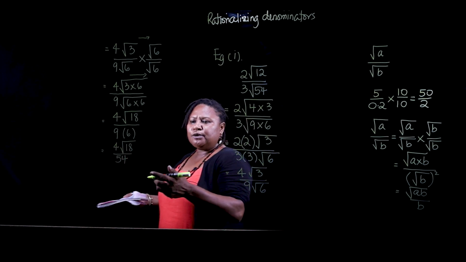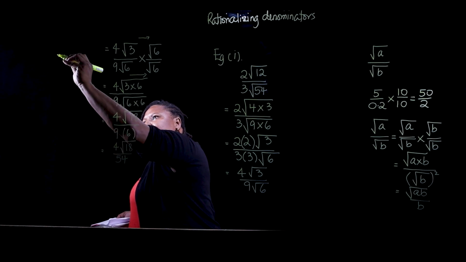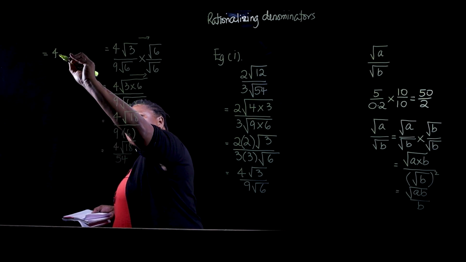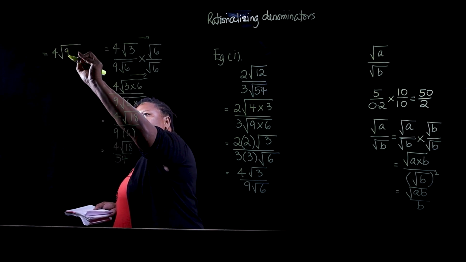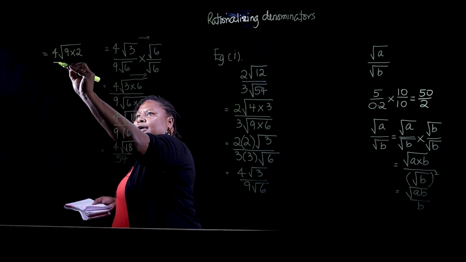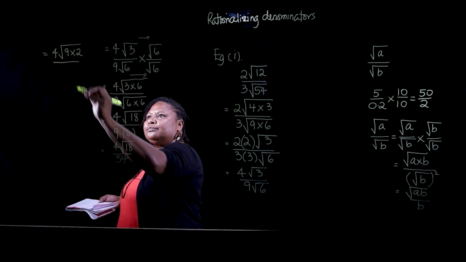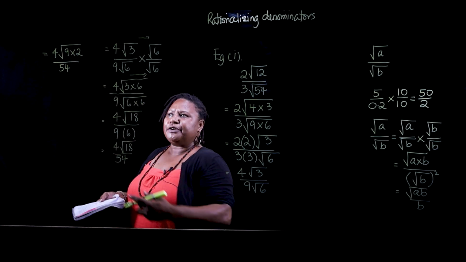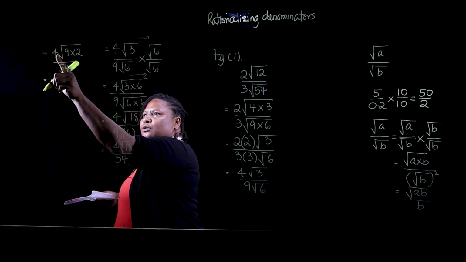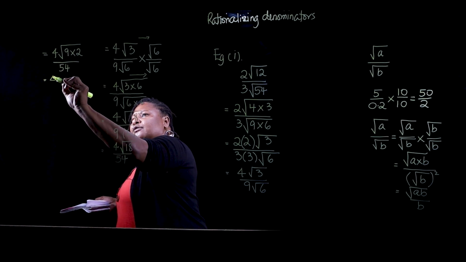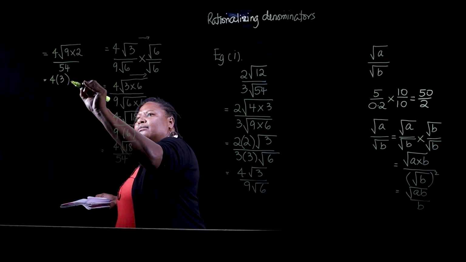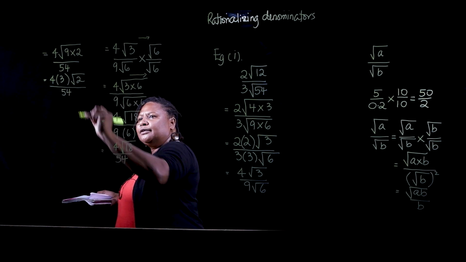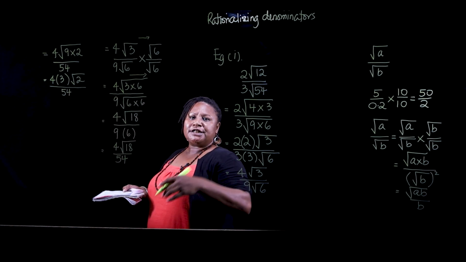So we are going to do that. Factors of 18 are 9 and 2. So we have 4 times root of 9 times 2 divided by 54. Square root of 9 is 3, so remove 3 and multiply it by the coefficient, which is 4. So 4 times 3 multiplied by root 2 divided by 54. 4 times 3 is 12.